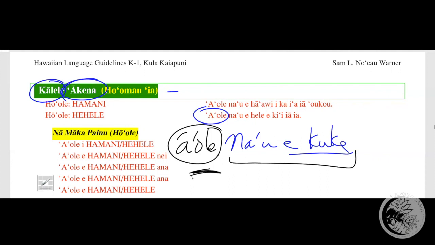So real simply, you can see when you want to say, not me, I'm not the one who's supposed to perform an action, all you're really doing is adding ʻaole in front, ʻaole na'u. Hey, not you, ʻaole nāu. It's not going to be Kimo, ʻaole na Kimo. And you know, that's basically the way you negate a Kālele ʻākena.